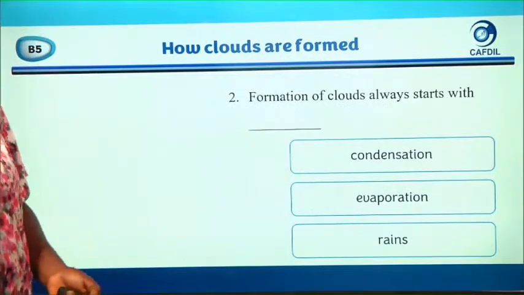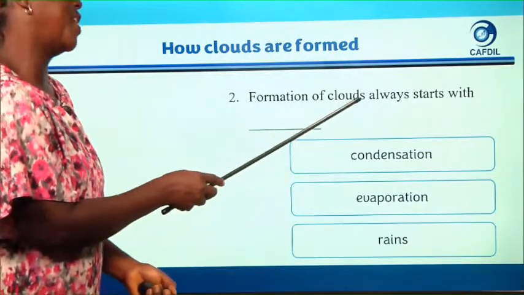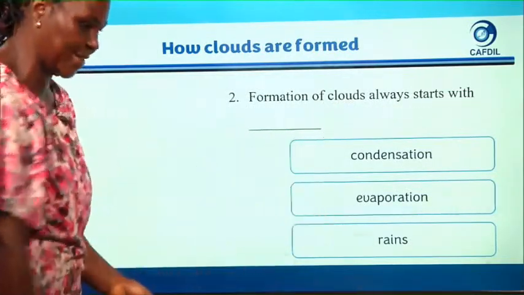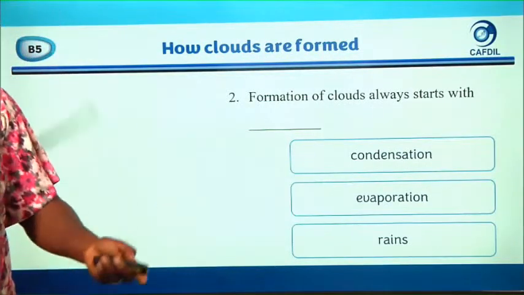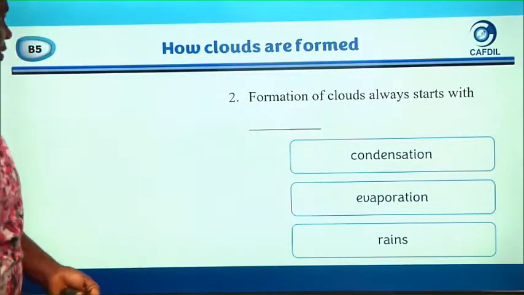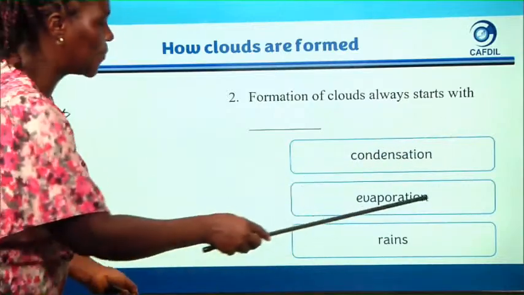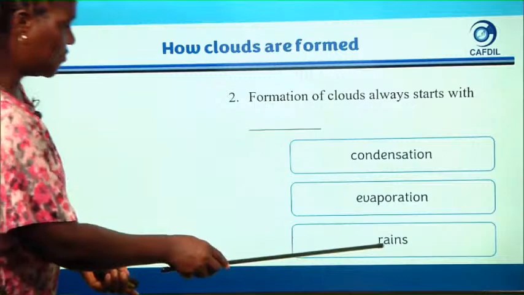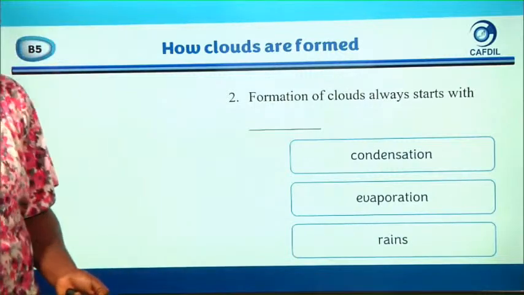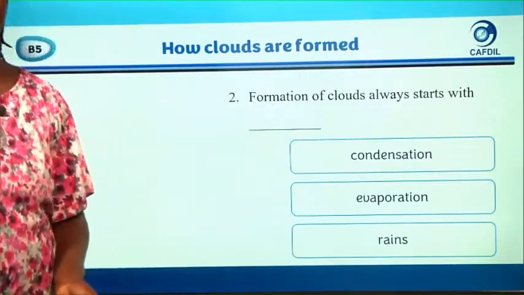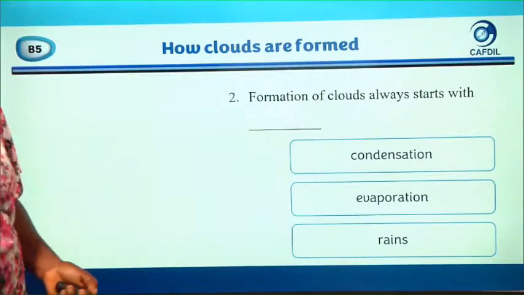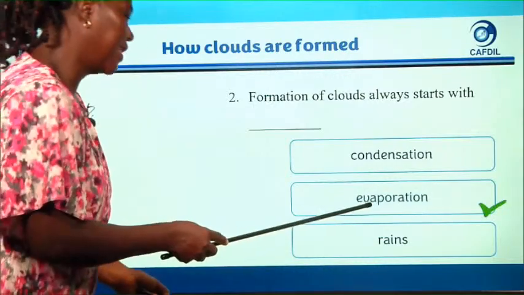Question number 2. Formation of clouds always starts with condensation, evaporation, rains. So which one is the answer? It's from evaporation.